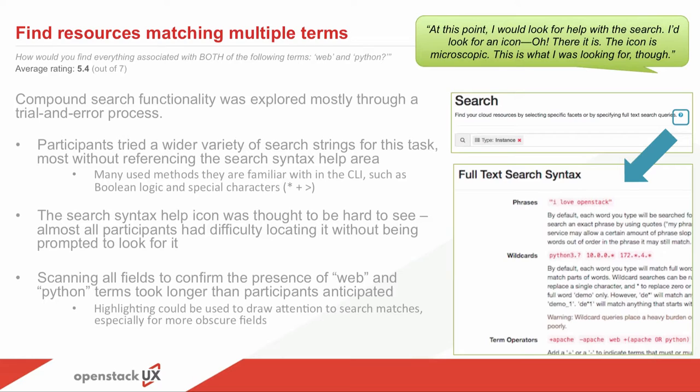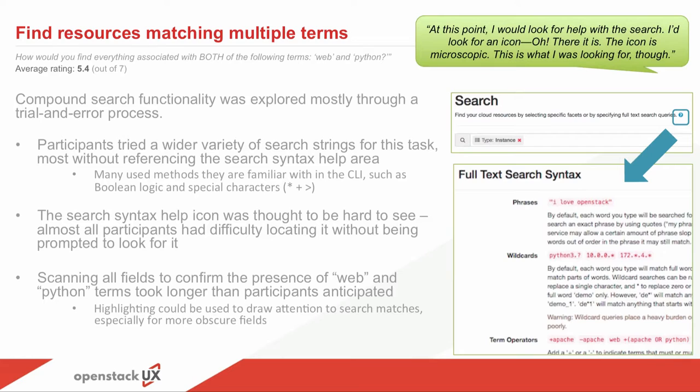The next task was to find resources that matched multiple terms, exploring the compound search function of Searchlight through this task. Here, participants found all resources associated with both web and Python terms. We saw a great variation of ways to go about completing this task.